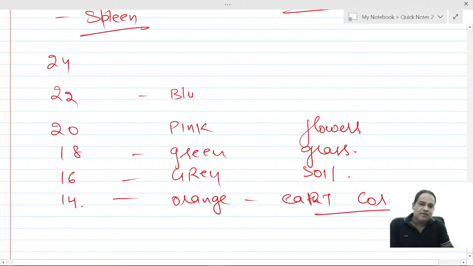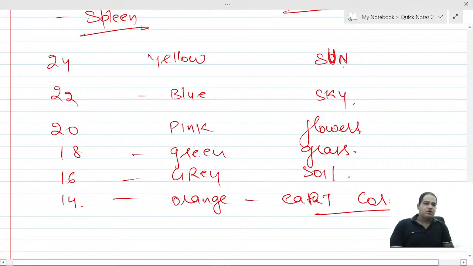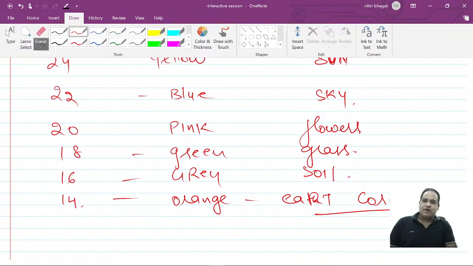Blue, the sky. Yellow, the sun. It's got to be the sun. So this is the mnemonic available with me.